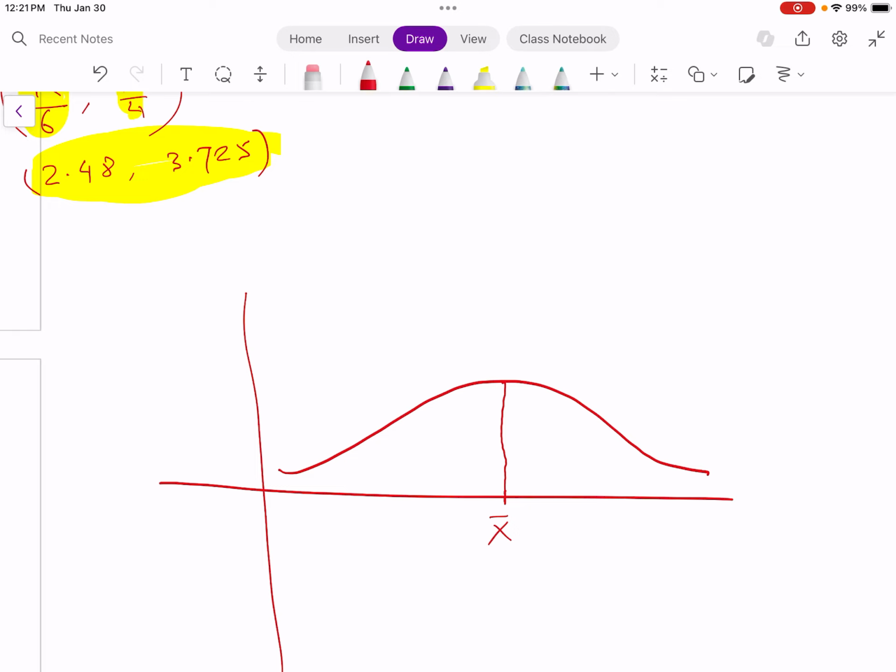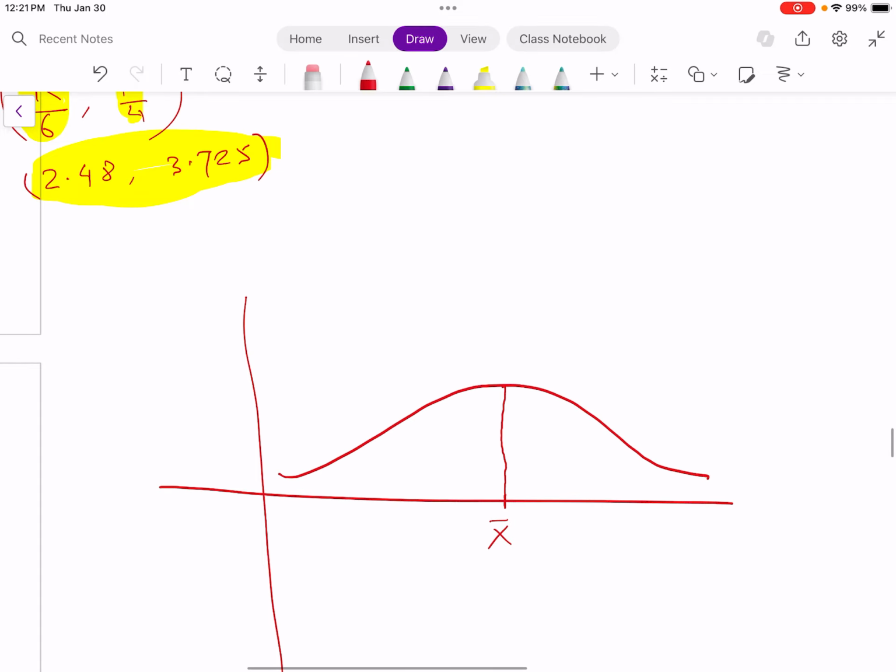This is true only if our data set is symmetric. If you have a bell-shaped histogram, then the mean is always at the center. Mean is equal to median, median is always at the center, and since they are equal, the mean is also at the center. So this is our mean at the center.